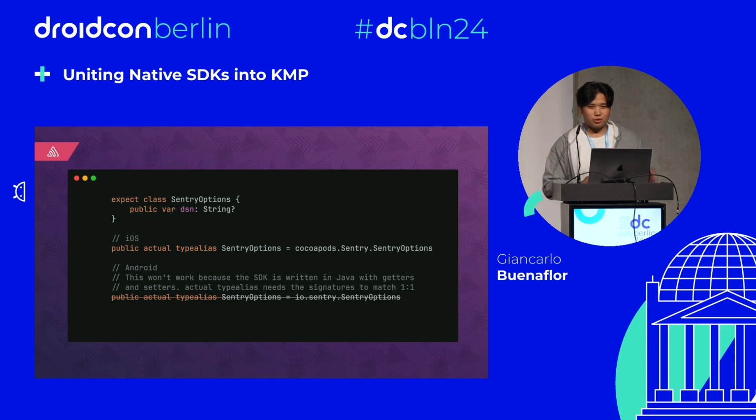And the reason here is because our Android SDK is written in Java, so there's a lot of getters and setters. And in order for a typealias to work with expect actual, the signatures have to match exactly one-to-one. So the compiler will expect a variable called DSN that has a type of nullable string, but the Java SDK doesn't have that. It just has functions of getters and setters, so it doesn't know how to process that.